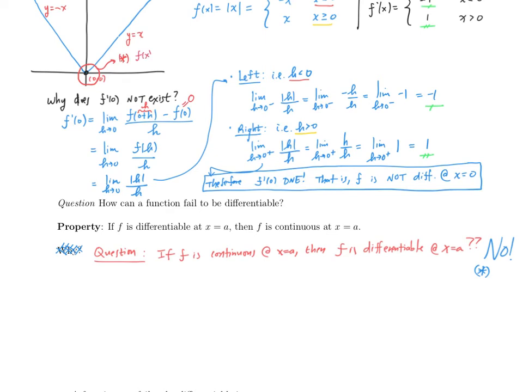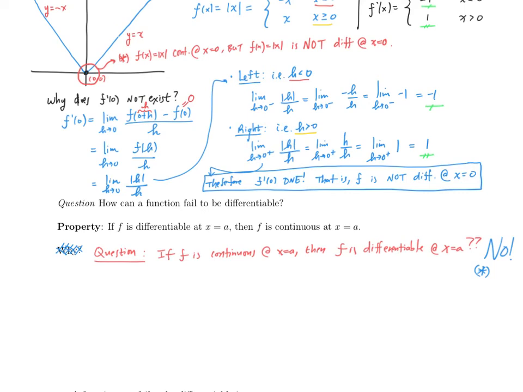The absolute value function is most definitely continuous at x equals 0. I can easily draw that without lifting up my writing utensil. But the absolute value function is most definitely not, as we've just shown, differentiable at x equals 0.